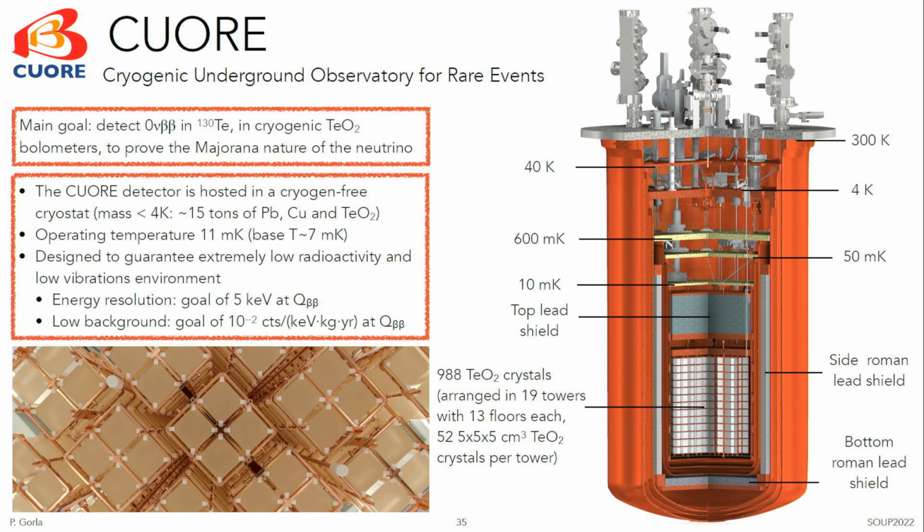So at a few millikelvin, there was no detector exceeding the tens of kilos, and that was considered in some way a limit of the technology. Cuore is about 1 ton of material.